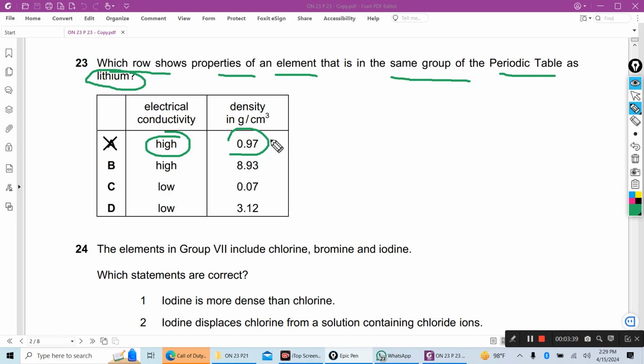Density is less than water because lithium floats on water. Water density is 1 gram per centimeter cube, so lithium density is a little bit less than water. Answer A is the correct answer.